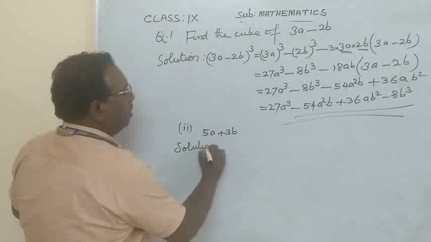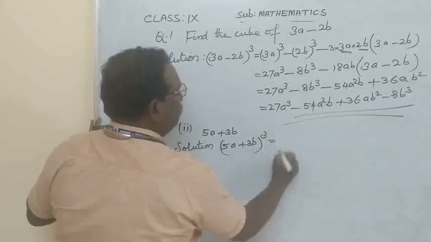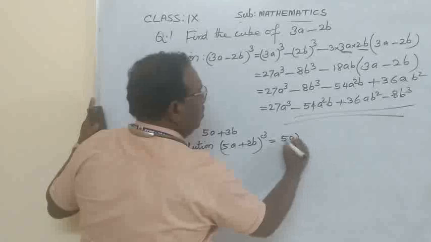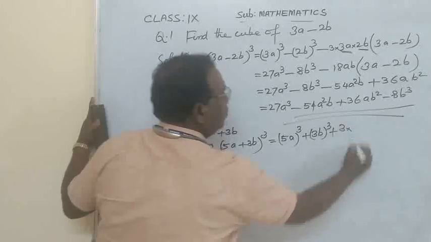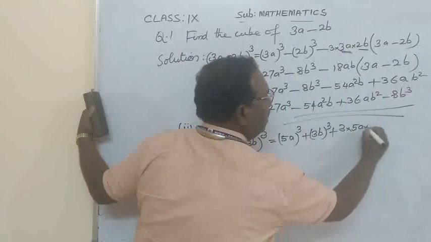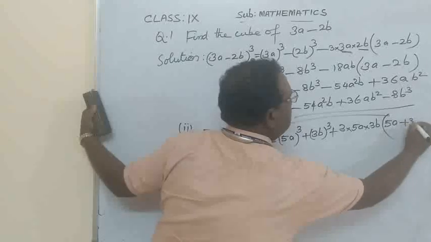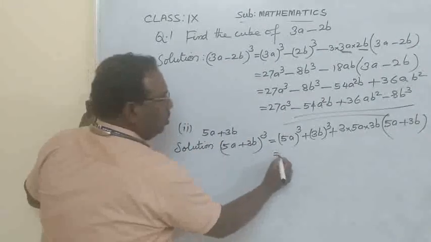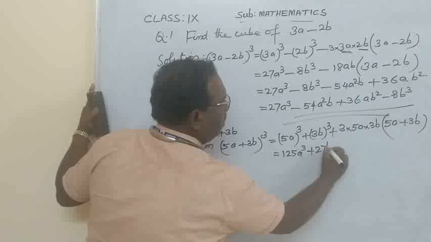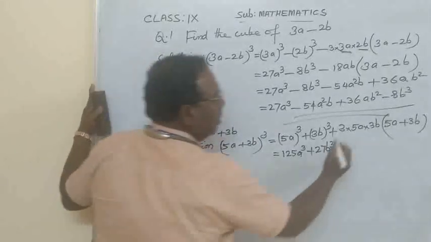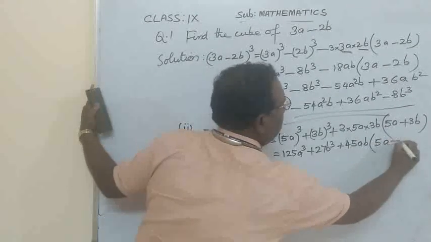Solution. (5a plus 3b) all cube is equal to (5a) all cube plus (3b) all cube plus 3 into first term 5a into second term 3b into (5a plus 3b), which is equal to 125a cube plus 27b cube plus 45ab into (5a plus 3b).